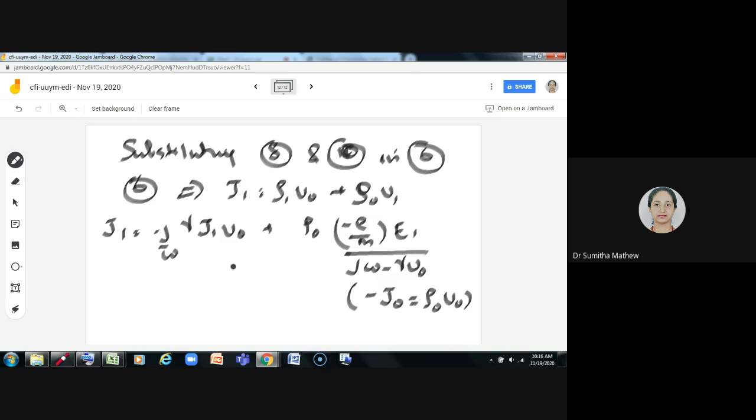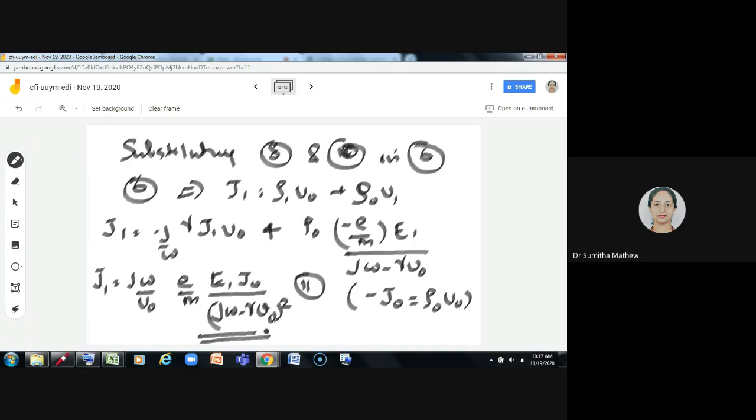Manipulating this equation, finally we get an expression for J1 as J into omega by V naught E by M E1 J naught by J omega minus gamma V naught whole square. Mark this as equation number 11.